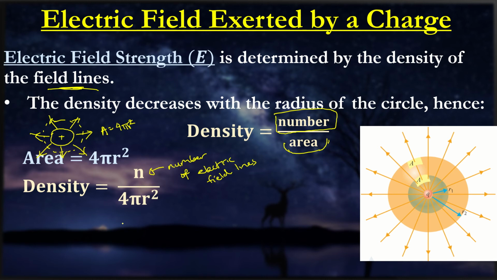They will ask you to find the electric field strength, but not based on the density. And so we find a little relationship because we know that the density is related to the electric field strength.